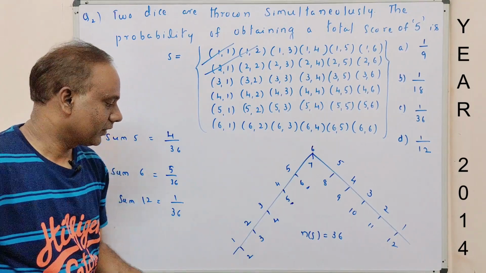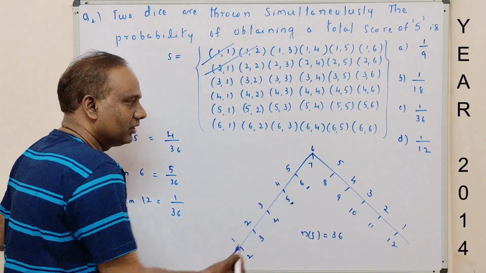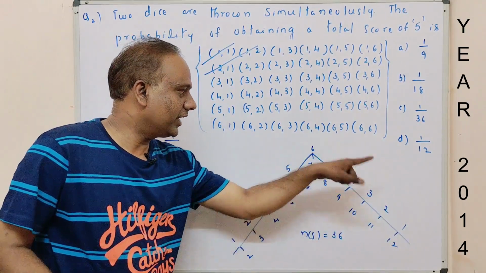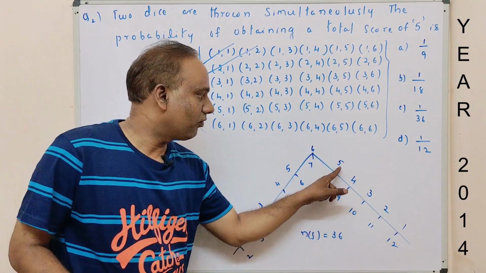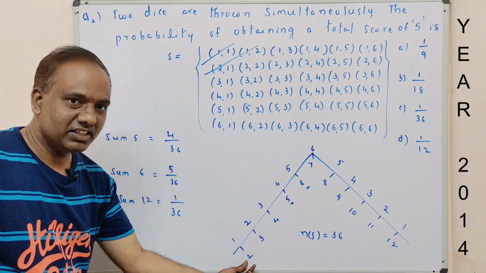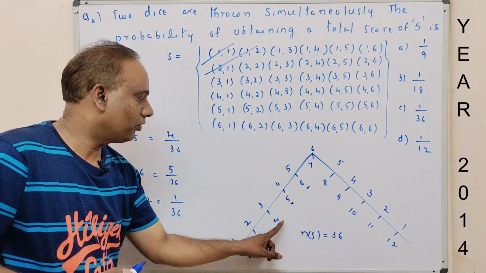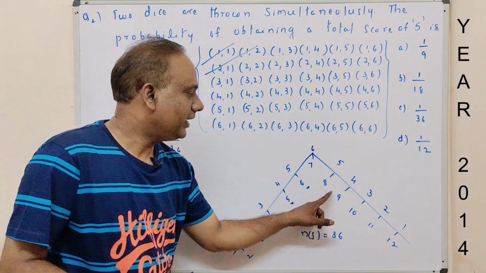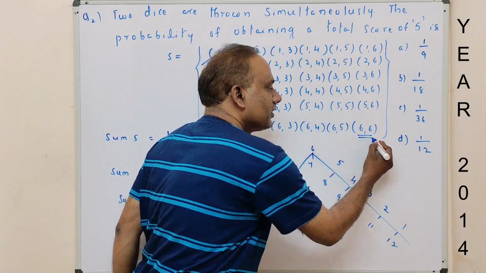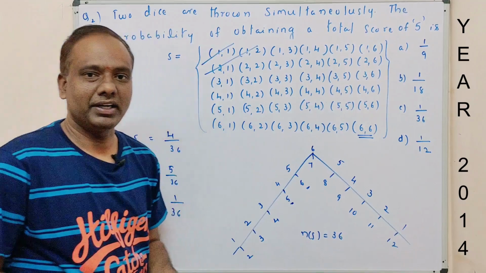You can start with 1 2 3 4 5 6, and here you can go down up to 6. Next we decrease the values: 5 4 3 2 1. This is the sum of the score: 2 3 4 5 6 7 8 9 10 11 12. Finally the sum is 12, that's why I am writing only up to 12.